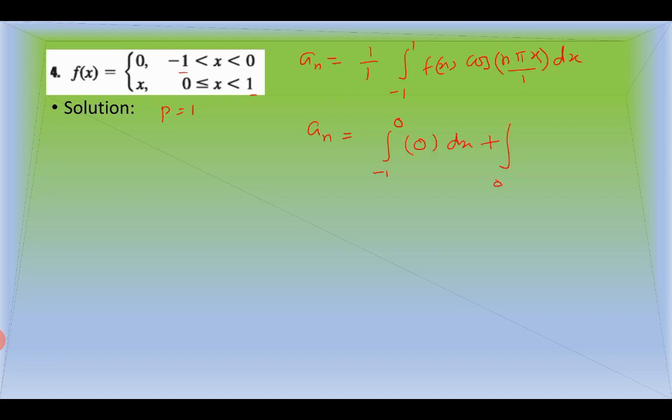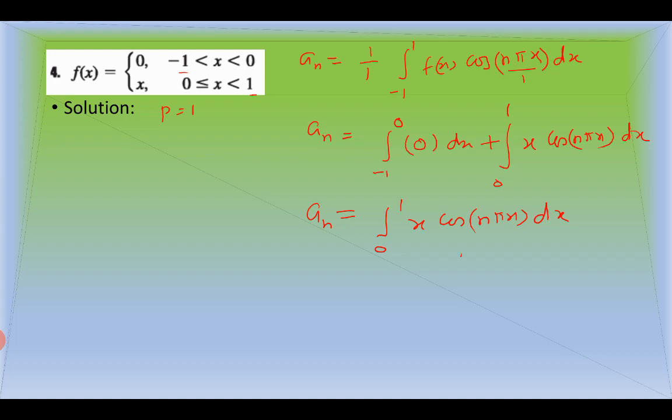From the second interval 0 to 1, x times cosine n pi x dx. When you find the first term is 0, the second term you have to integrate. You will find an is only the integral 0 to 1 x times cosine n pi x dx.